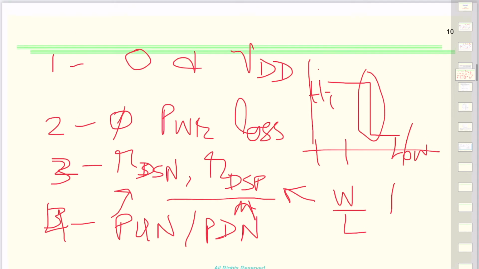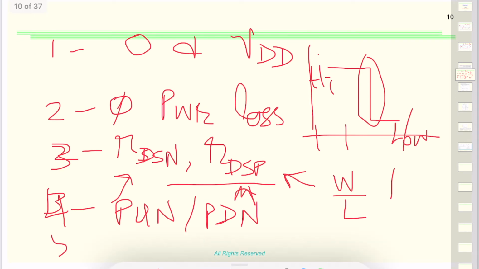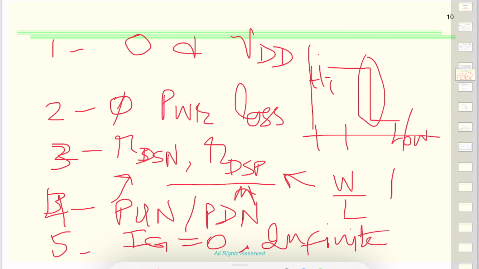And the last point is that there is infinite input resistance to the inverter because there's no current that flows through the gate, and the gate is where we supply the input. So there's no direct flow of current. So we have infinite input resistance to this circuit, which means that the inverter can drive a large number of similar inverters with no loss in signal level.